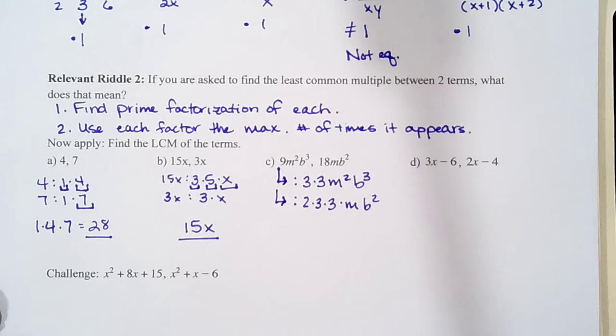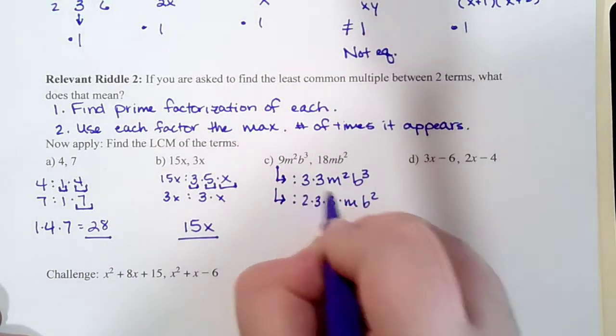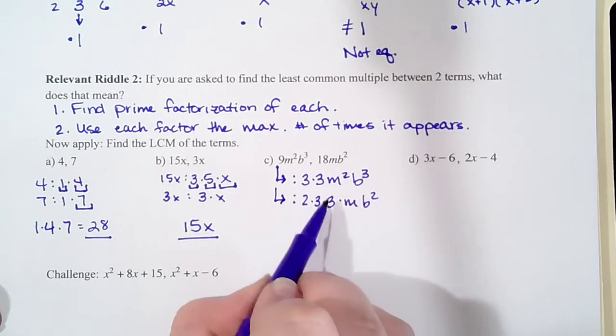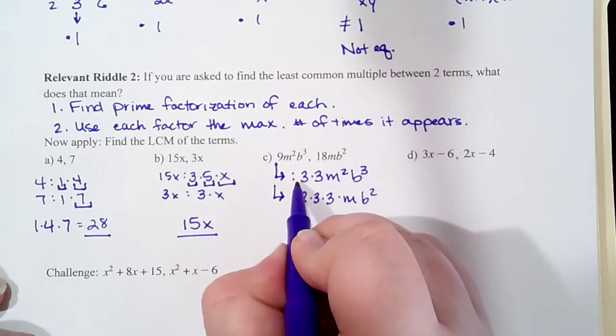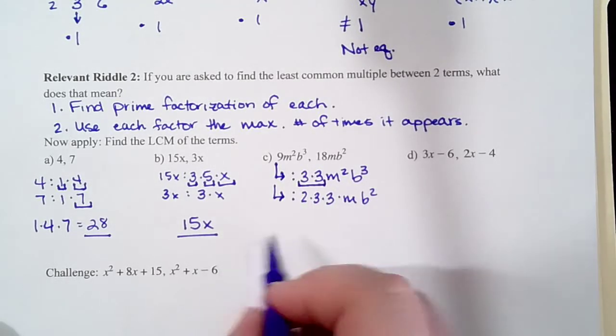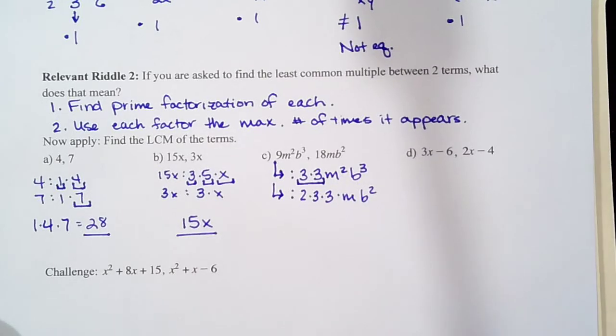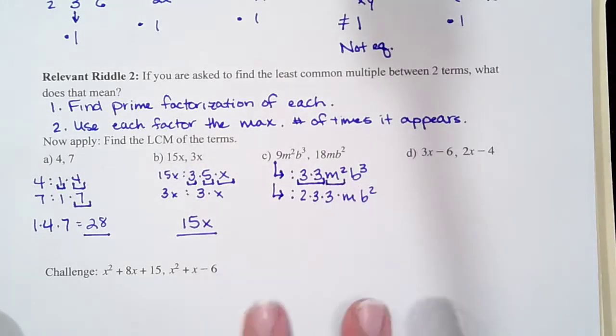All right, let's start looking for the maxes. I've got a 3, and the max number of times that it occurs in either one of these is 2, so I could take them from the first or from the second. In this case, I'm just going to take them from the first. I've got an m in both. Which one has the max number of m's, however? That would be this top one. It's got 2.